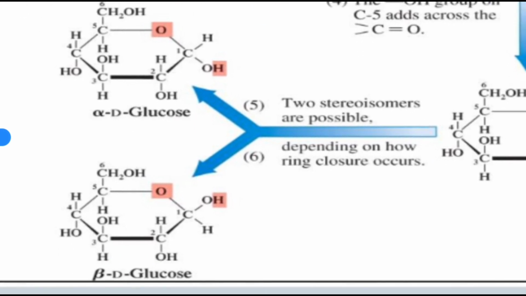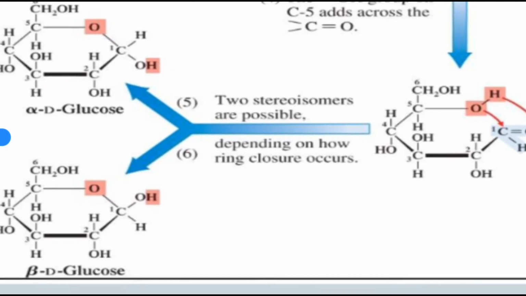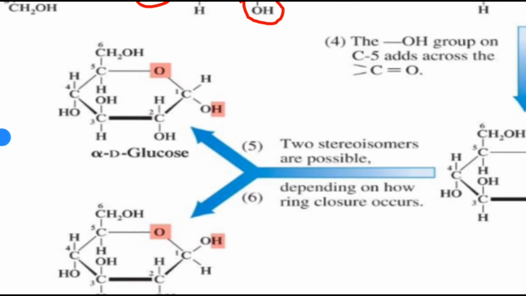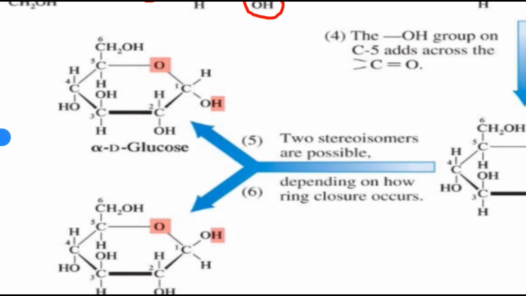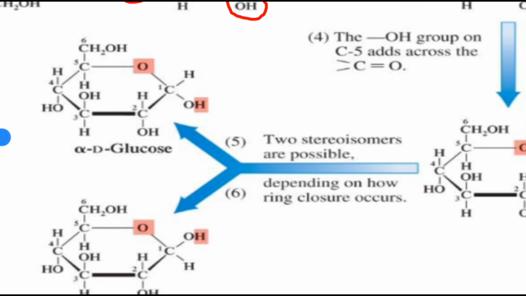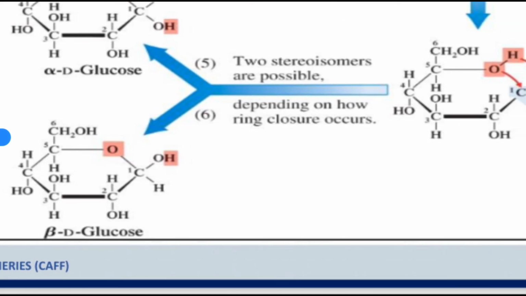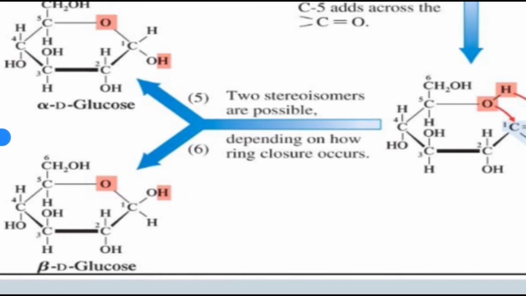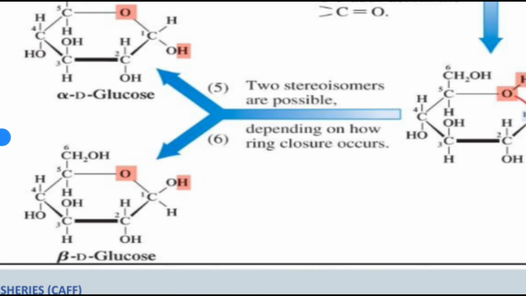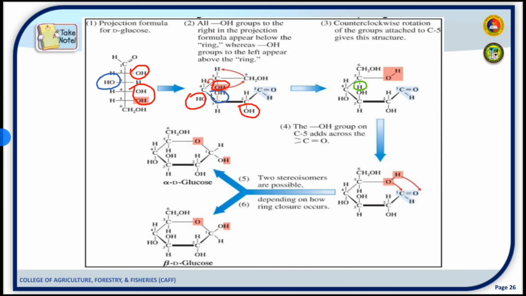In the alpha form, the O and the H are on opposite sides. And look at the beta form. The O and H are positioned on the same side. I hope you get it.